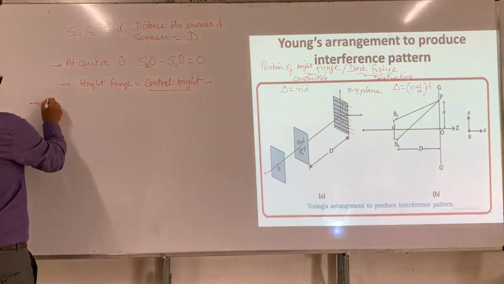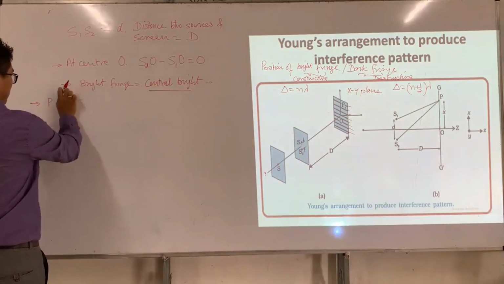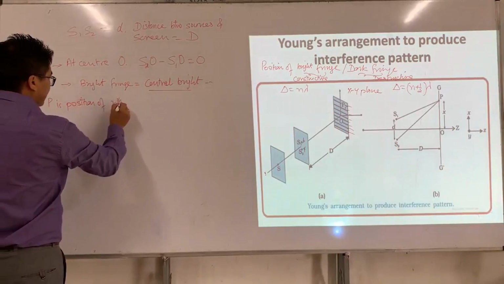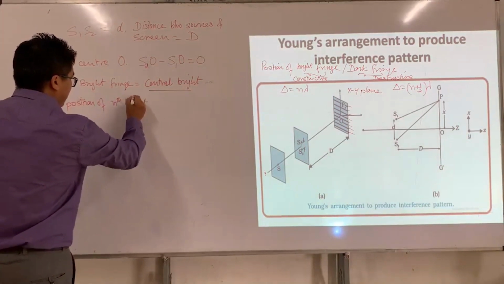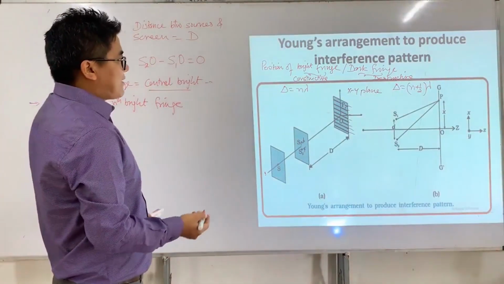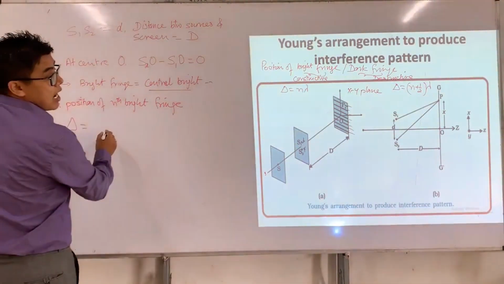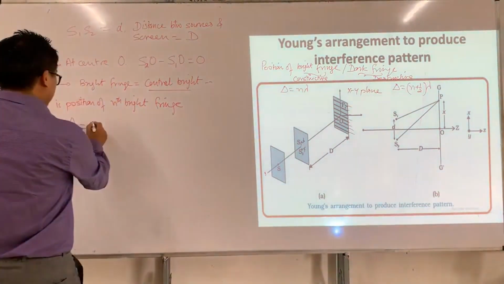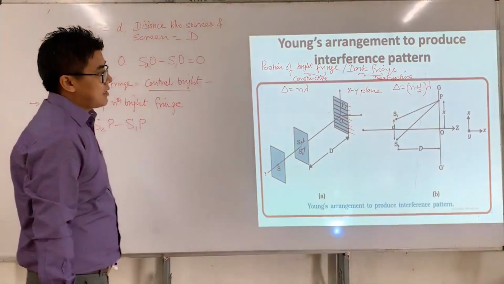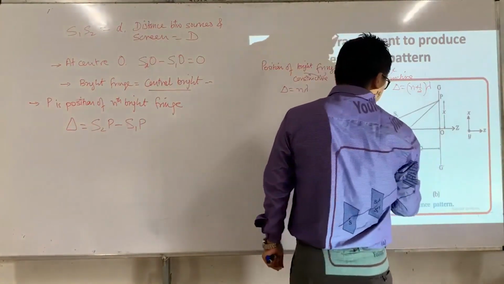I say P is the position of the nth bright fringe. And what is the path difference? The path difference is going to be S2P minus S1P.